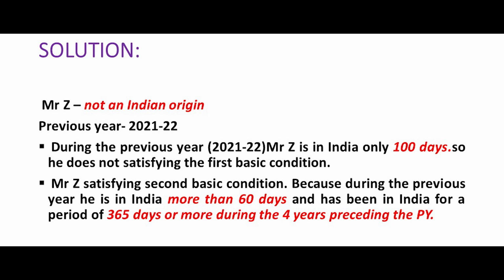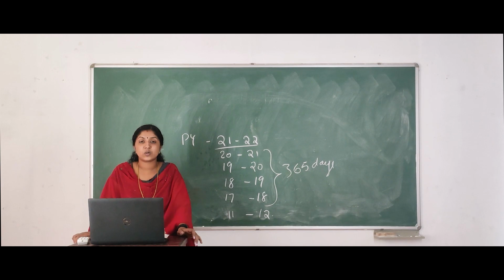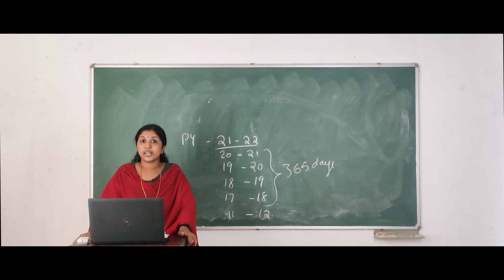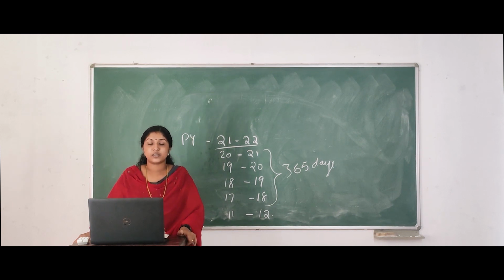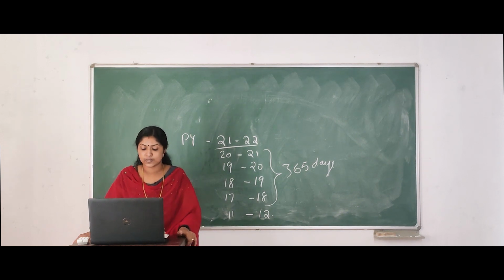Then we can assume he does not satisfy the first basic condition, because the first basic condition says that the assessee is in India for a period of 182 days or more. In 2021-22 Mr. Z stayed in India only for 100 days. So, the first basic condition is not satisfied.